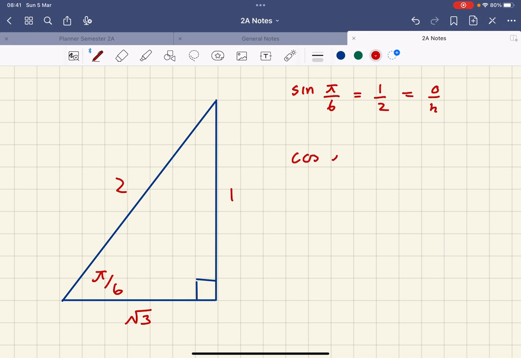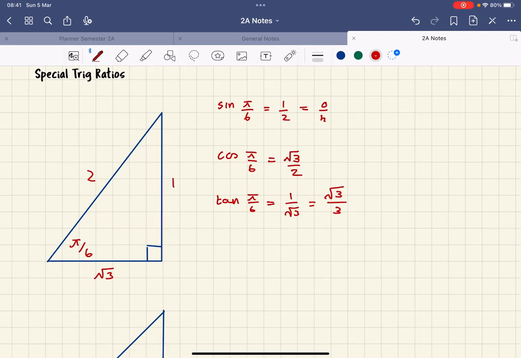I can find cosine pi over 6, which is adjacent divided by hypotenuse. I can find tan pi over 6, which is opposite divided by adjacent, which we write as root 3 over 3. So I have 3 trigonometric identities done already.